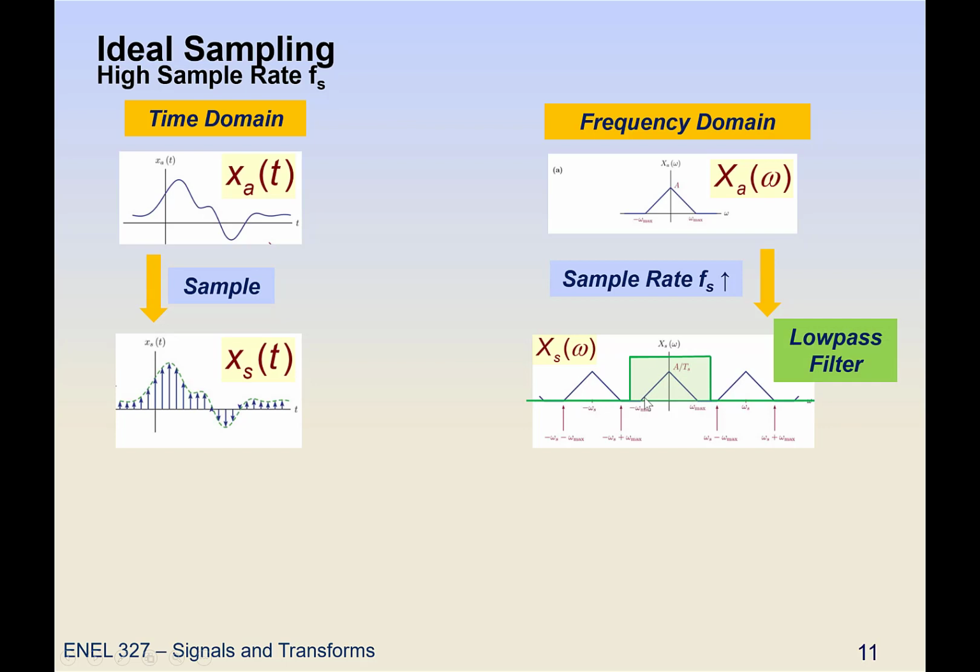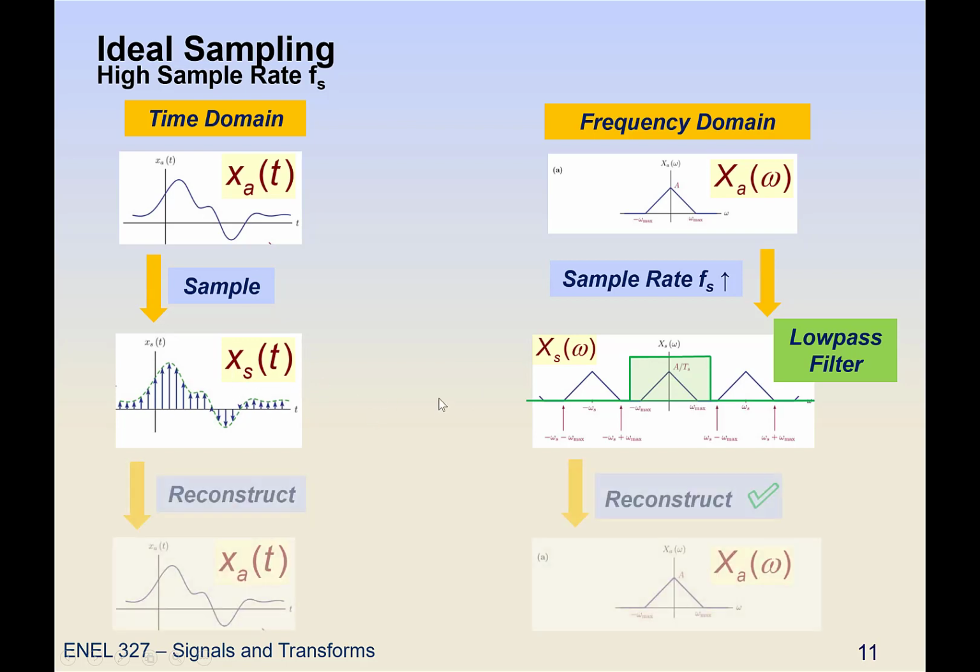Let's say we put a low-pass filter at the end of this sampled signal. Then I get this spectrum, which means I can perfectly reconstruct my original signal. So we're starting to get an idea of what's necessary in order to allow perfect reconstruction.